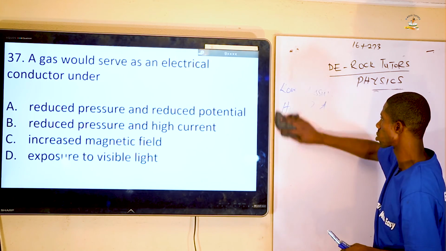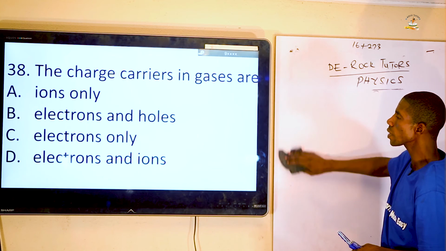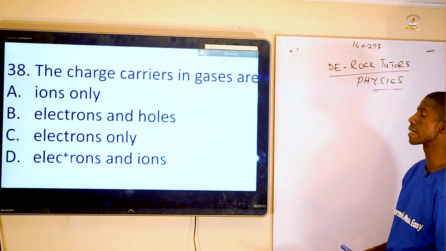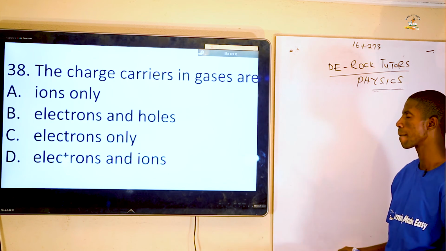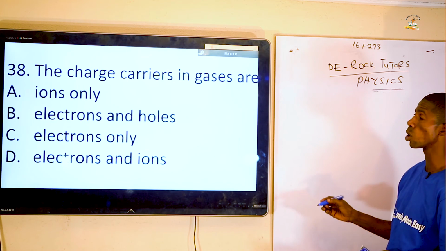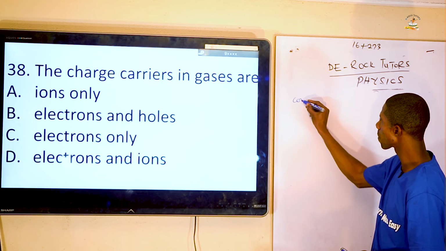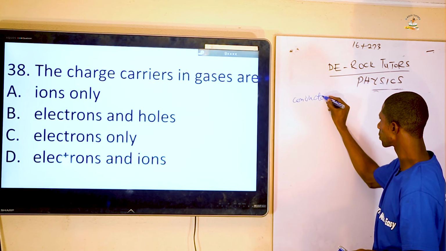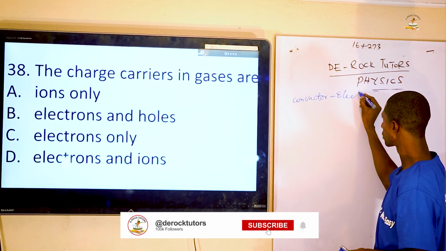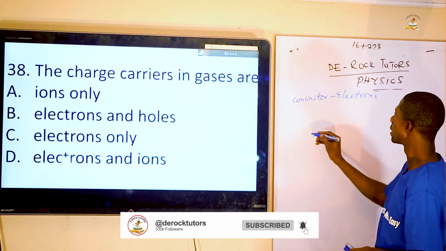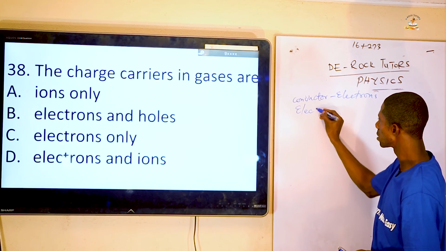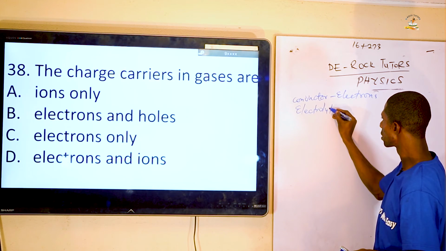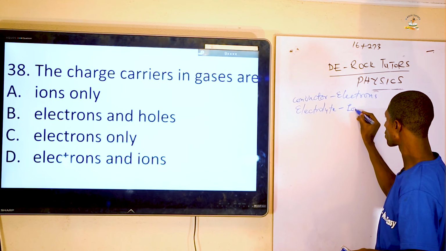So we'll go to the next question. The charge carriers in gases are just like we have in a conductor. In a conductor, we have electrons. In electrolytes, we have ions.